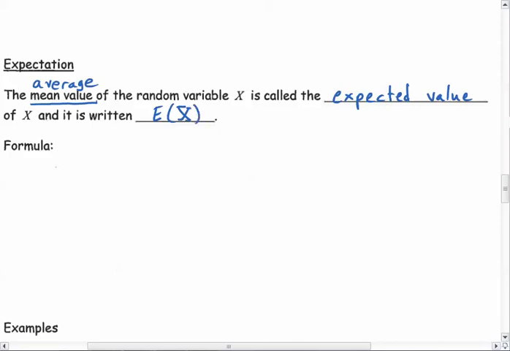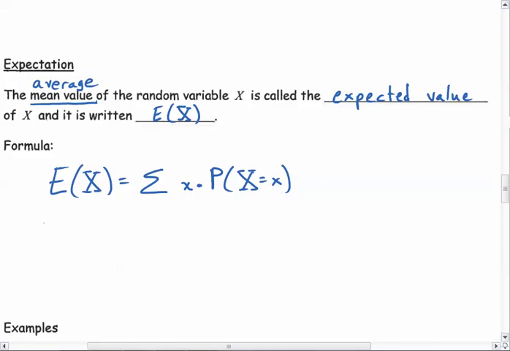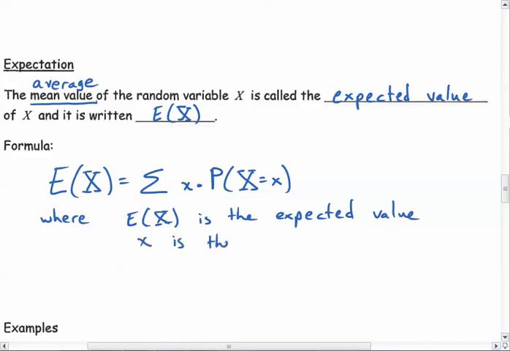And the formula for expected value is the sum of all the observed values times their probabilities. So E of X is the expected value. That's the average of the random variable. X is the observed value.